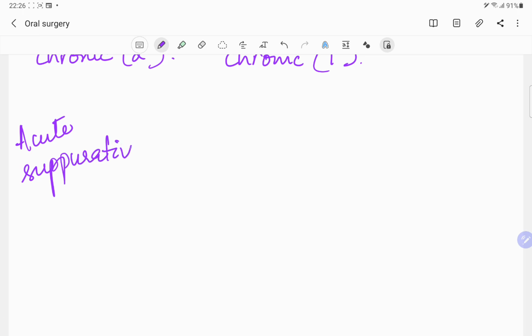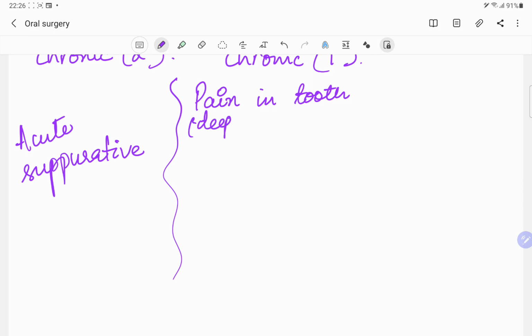So the first-time symptoms we see are pain in the respective tooth which is causing the odontogenic infection. And the pain is basically a deep, intense and boring pain.